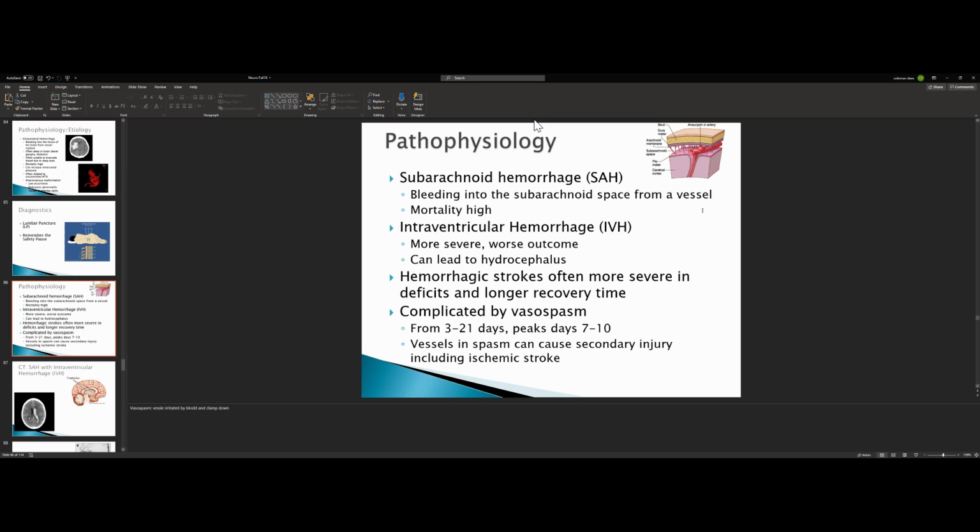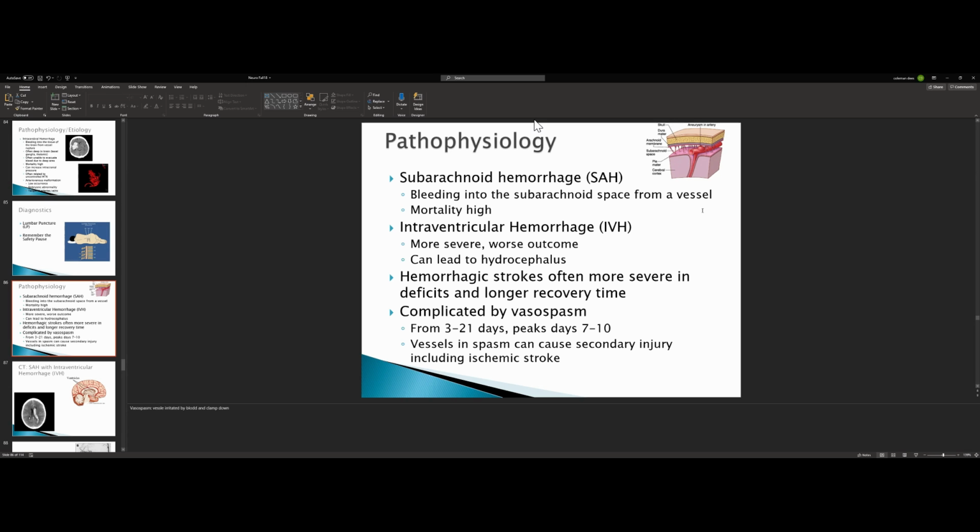They can develop from meth, because meth has a specific effect on certain layers of the vessel, which can cause these aneurysms to form. But subarachnoid hemorrhage happens when this aneurysm ruptures and blood spills into the subarachnoid space. This can be devastating and can have an extremely high mortality.